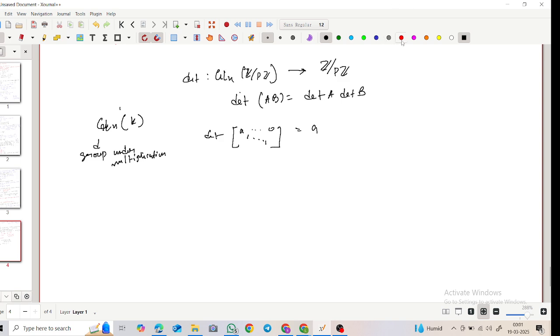Hello, look, GLN R or SLN R is isomorphic to R star, right? Now those are in R. In fact, I will have to check this property as well. Those are real matrices.